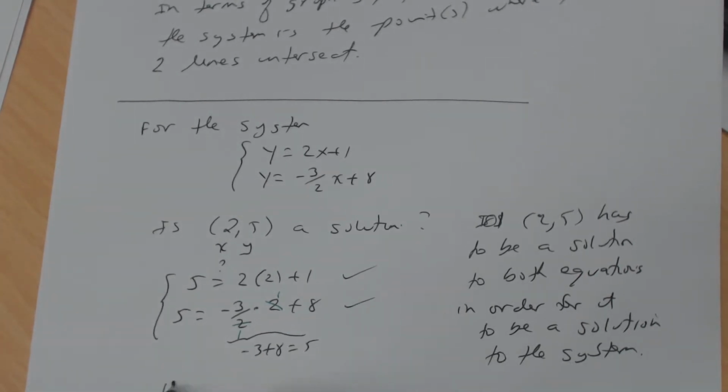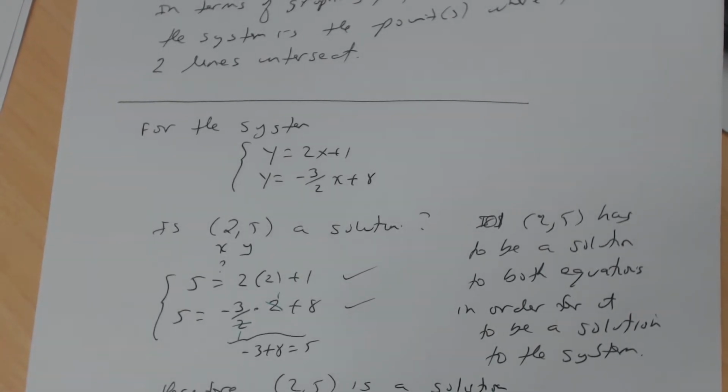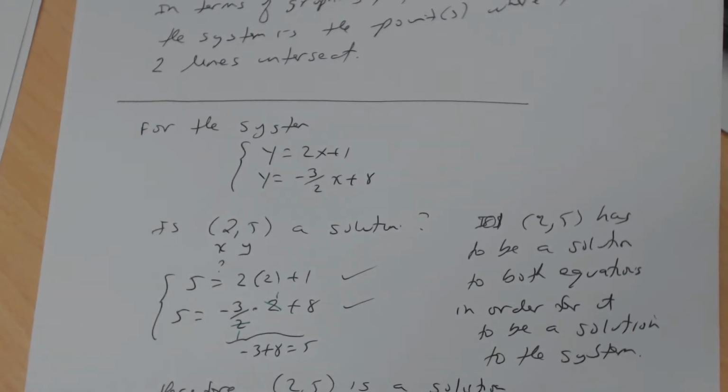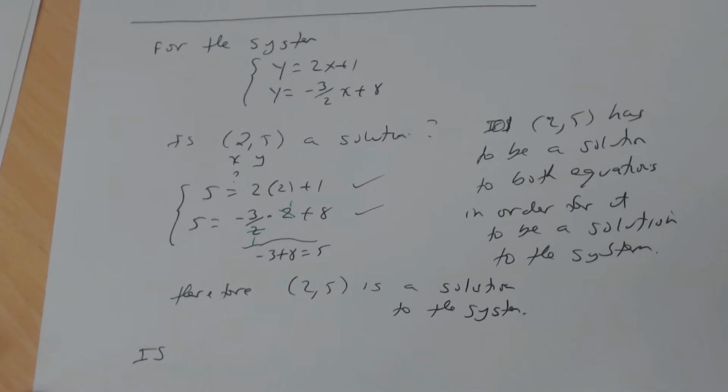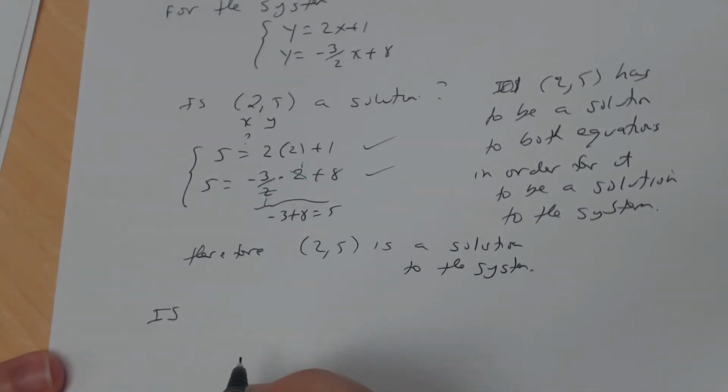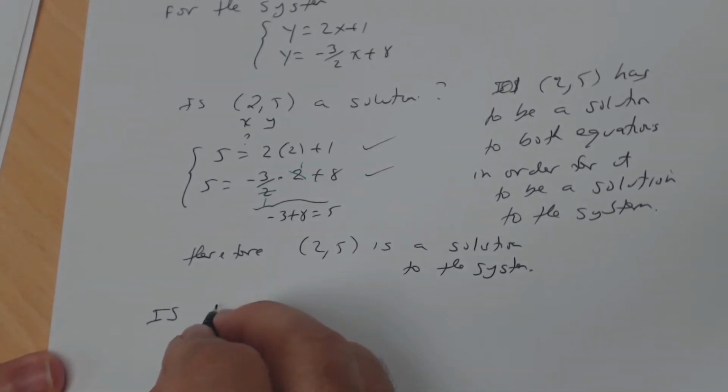So, therefore, 2, 5 is a solution to the system. Okay? Now, question's this. Is 6, negative 1 a solution to the system?